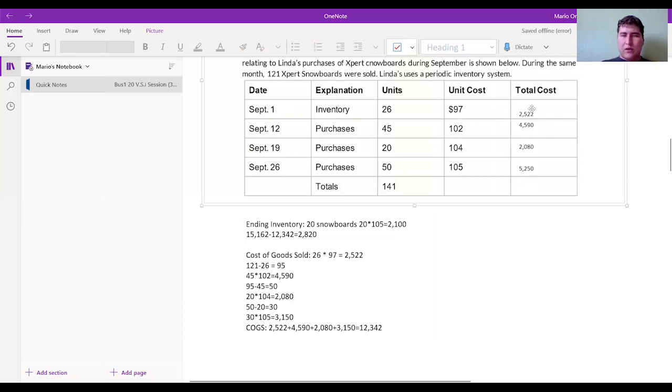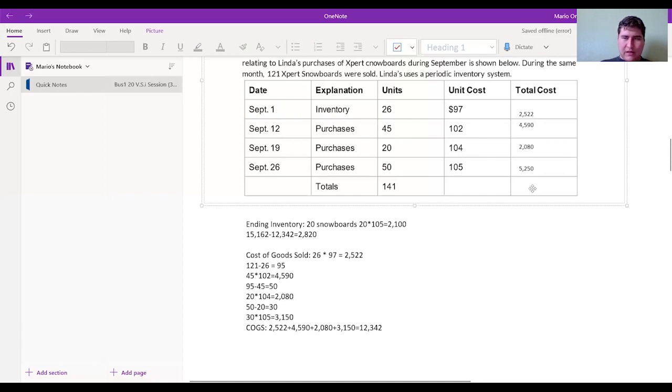So these lines here are all for the rows. This will give you the total cost for this unit times that cost. But the last one will give you the cost for the entire month pretty much. But I miswrote something in 2,080. That's why it came out a little weird.